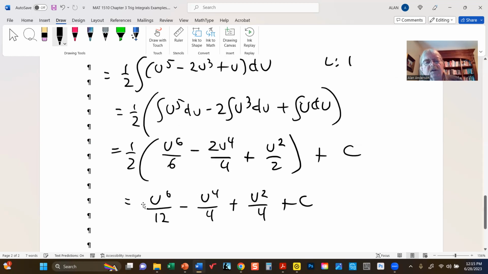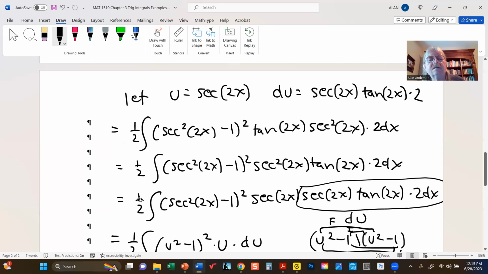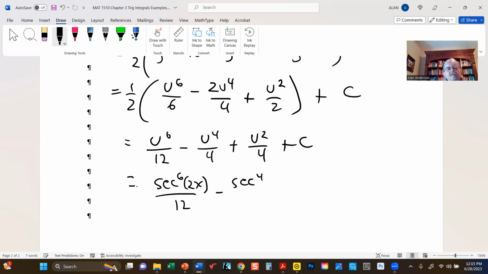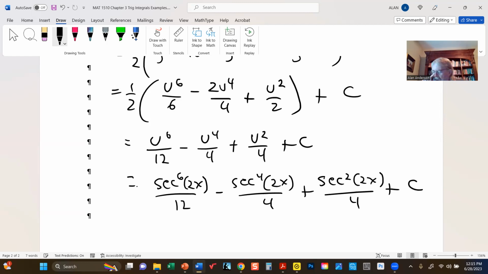And remember, originally the u was just simply secant 2x. Well, I think we didn't think that one would ever be over. And yet, here it is.